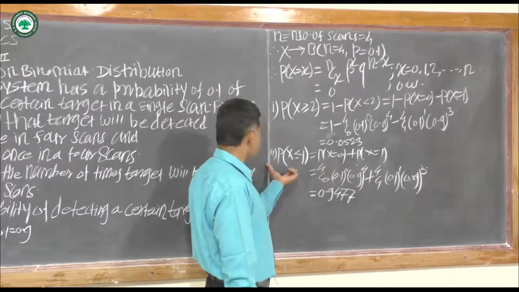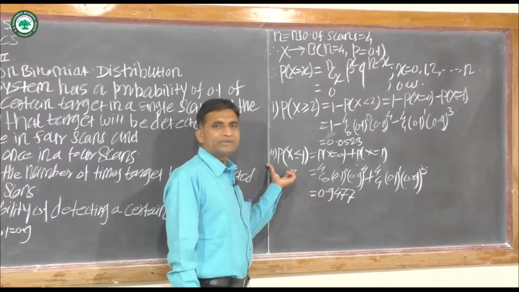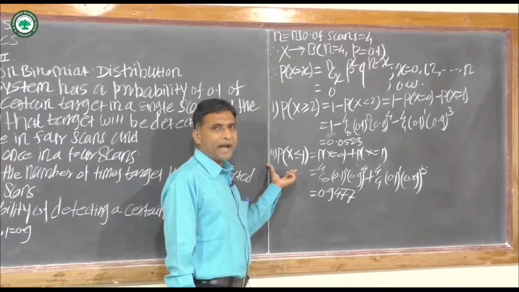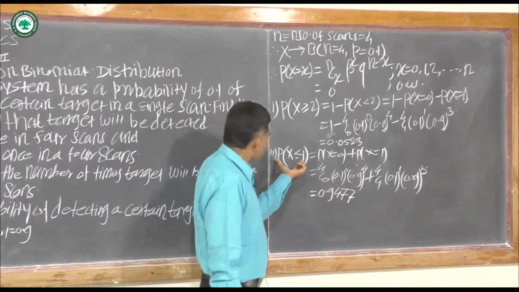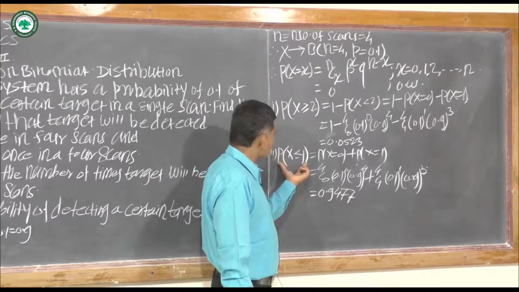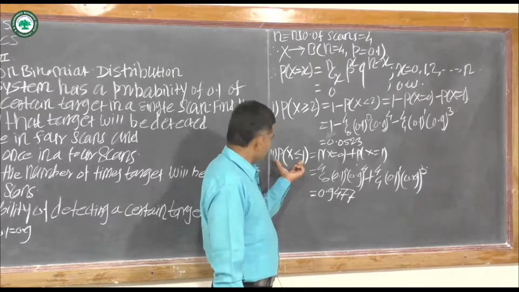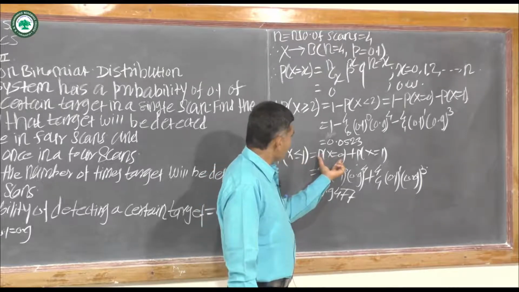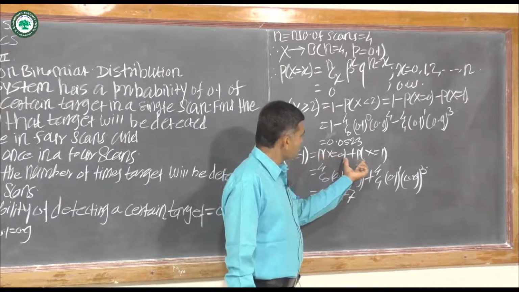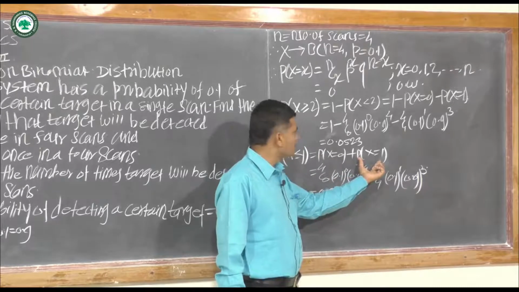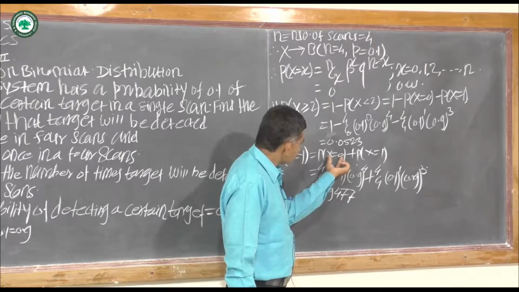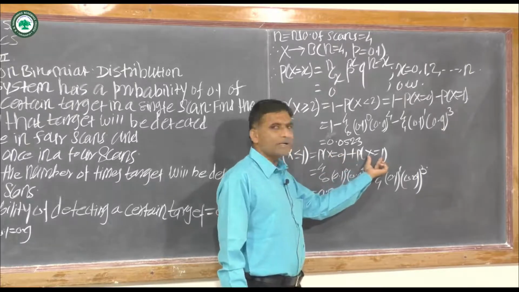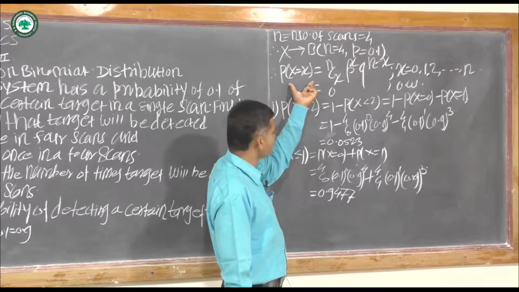Then the second bit is the probability of detecting a target at most once in 4 scans, that is probability of x less than or equal to 1. This is equal to probability of x equal to 0 plus probability of x equal to 1. Now substitute the values x equal to 0 and x equal to 1 in the above probability mass function.